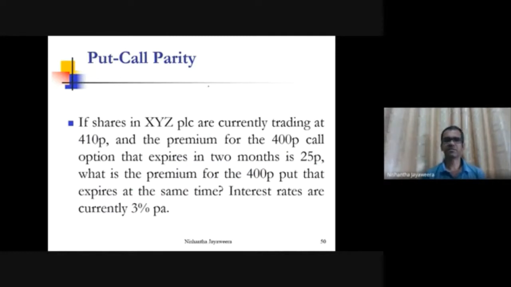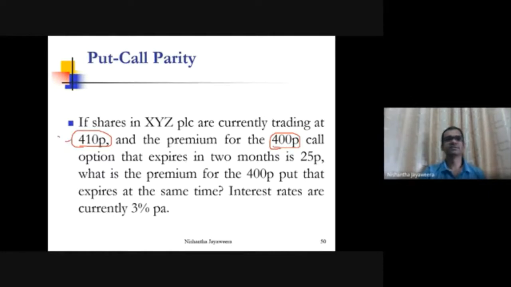There's another example. Shares in XY PLC currently trading at 410p, 410 pesos. So what is this? Shares currently trading at 410. What does it mean?